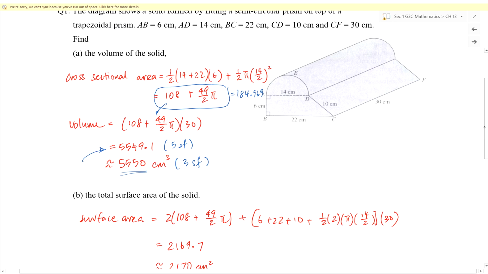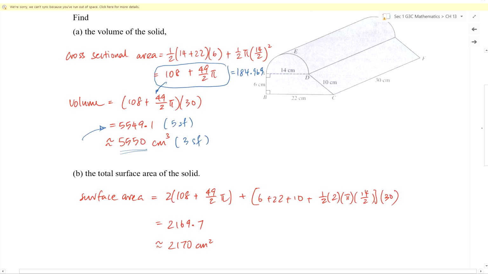Next, surface area, 2 times the cross-sectional area. So it's 2 times cross-sectional area plus the perimeter of the cross-sectional area, and we multiply by the thickness.